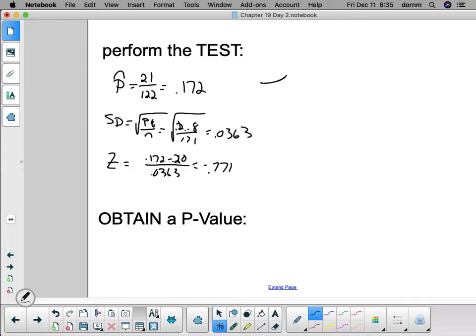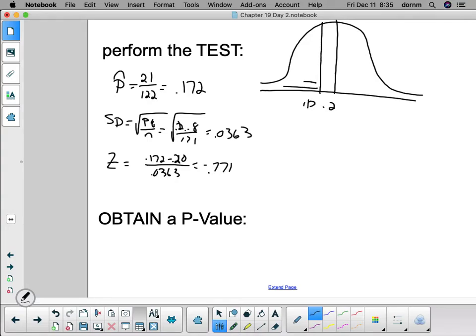You can draw a little model of this. You always want to draw a picture. It's going to help us remember what's going on. My mean is at 0.2. My value here is at 0.17. But since it's a not equal to, I'm going to get both areas on both sides. That's what we're going to be adding up.